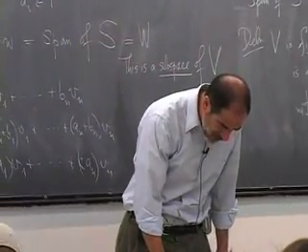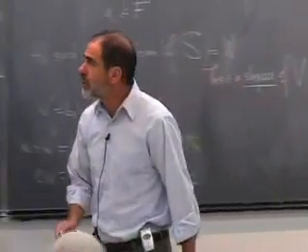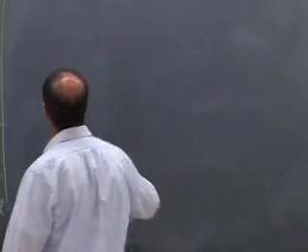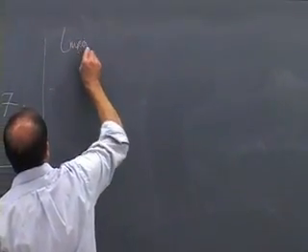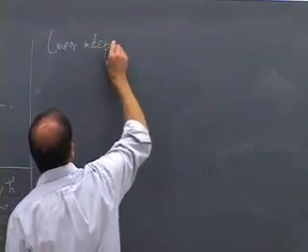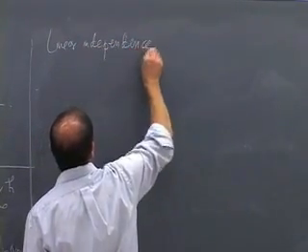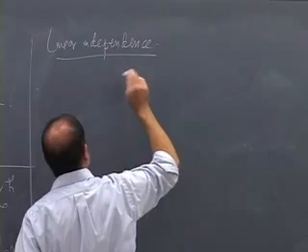Now the second notion is the notion of linear independence, which is expressed as follows.